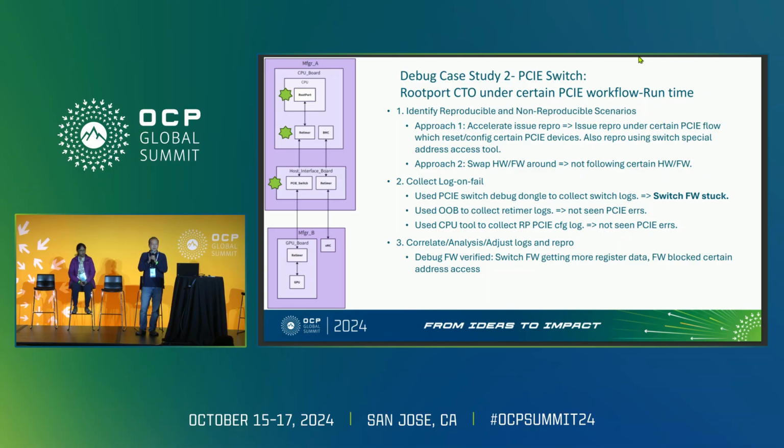But when we got the PCIe switch logs, we found that the switch firmware was actually stuck. It was confirmed by the switch firmware dump and by the switch provider. After that, our focus moved to the PCIe switch firmware side. Eventually, by not allowing access to some certain sensitive address range, this issue was resolved.